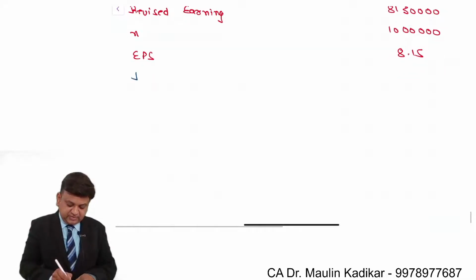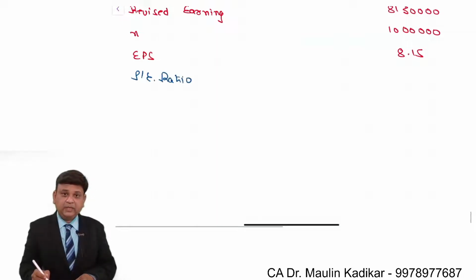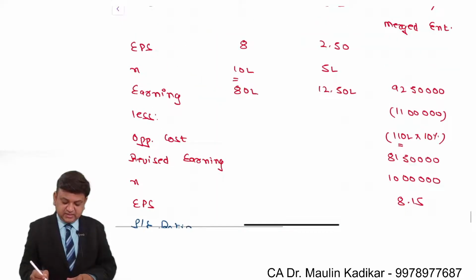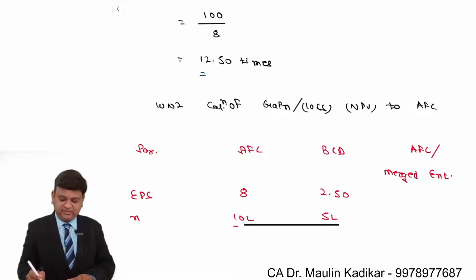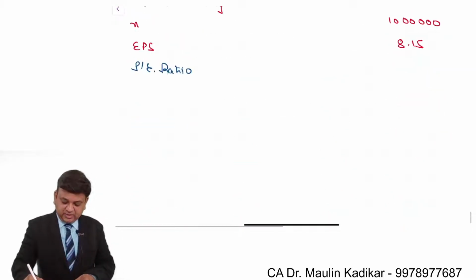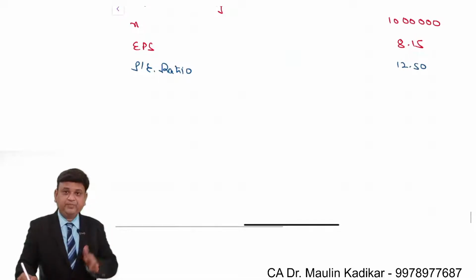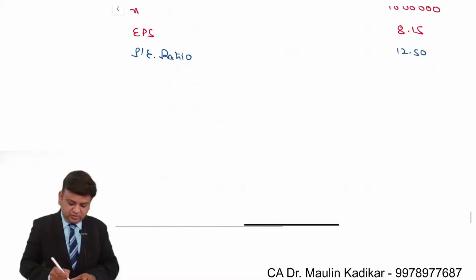The same is multiplied with the price earning ratio. We understand as far as the price earning ratio is concerned, it is going to remain the same, 12.5 times. So I take over here 12.5. EPS into price earning ratio will give MPS. It is EPS into price earning ratio.